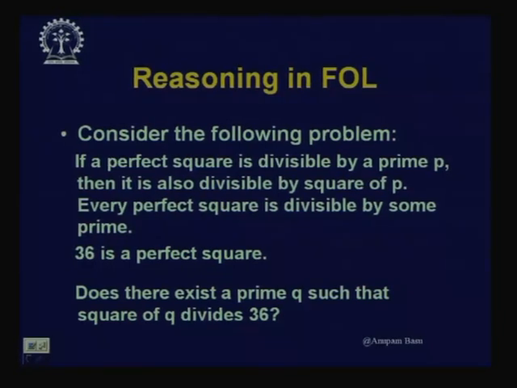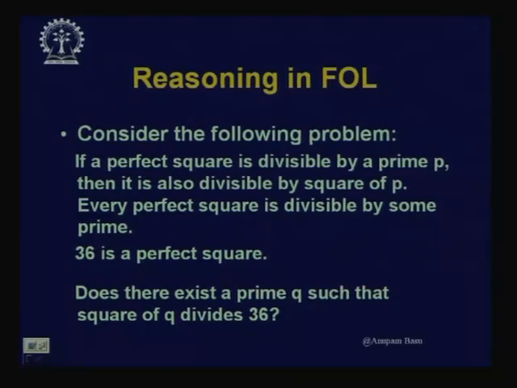If a perfect square is divisible by a prime number p, say 25 is a perfect square and is divisible by a prime p, 5, all right, then it is also divisible by the square of p. This is one sentence I state. In mathematics that is right.